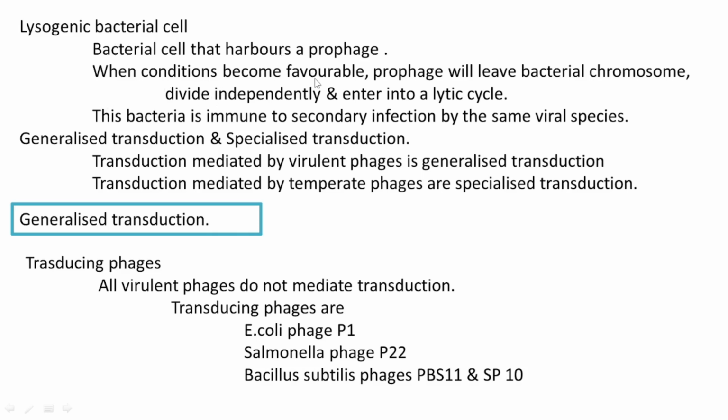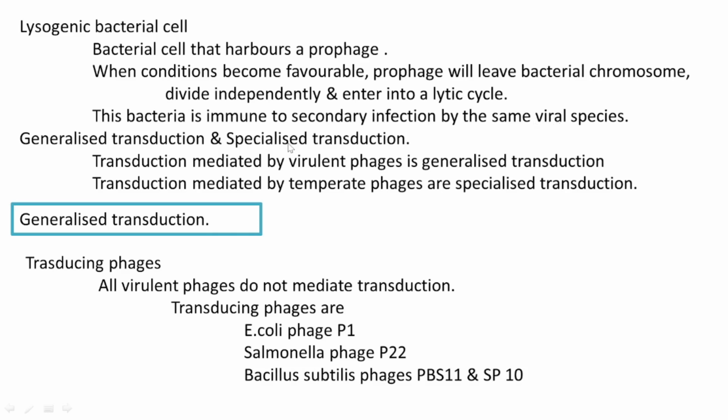When conditions become favorable, the integrated phage DNA leaves the bacterial chromosome and starts to divide independently, later leading to the destruction of the host cell. It is also said that this bacteria is immune to secondary infection by the same viral species.